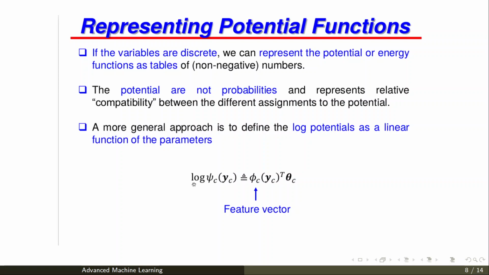Remember, this is the log of its potentials over a maximal clique, which is e to the power minus the linear term here. So if I take the log of this distribution, then this distribution is the product of all the potentials. So the log will give me the summation.